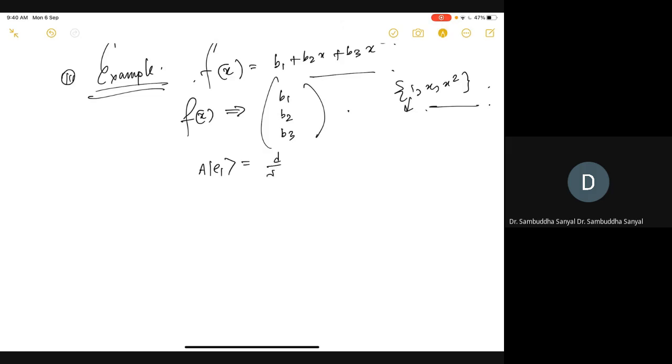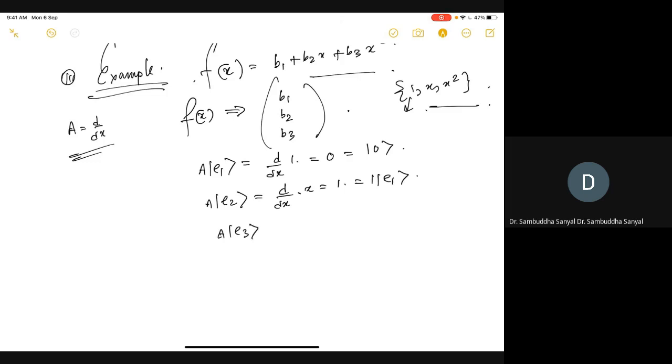Okay. So I want to represent the operator d/dx in this representation. So d/dx of 1 is 0. I call it a null vector. So A e2 is d/dx of x, which is 1, so I represent it as e1. Similarly, A e3 is 2x, so it is 2e2.